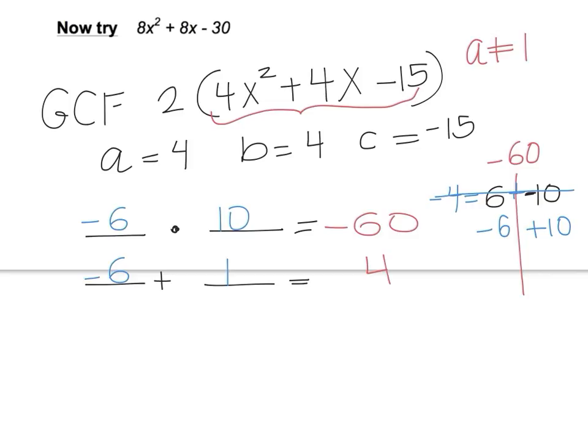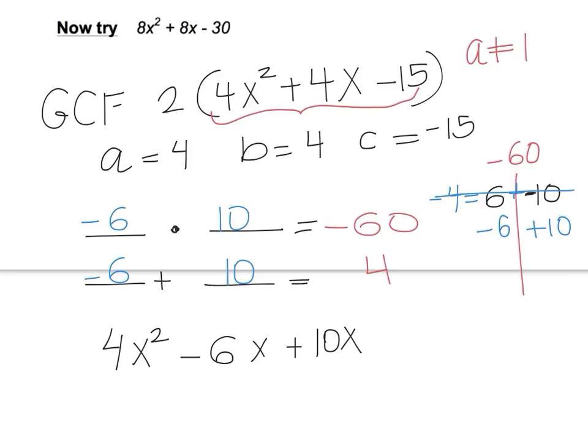After I find the two numbers, I can use different methods to continue factoring. But we're going to be using the grouping method now. So what I do is I copy down the first term. I'm going to split the middle term into those two numbers. So negative 6x, don't forget the x, and plus 10x.